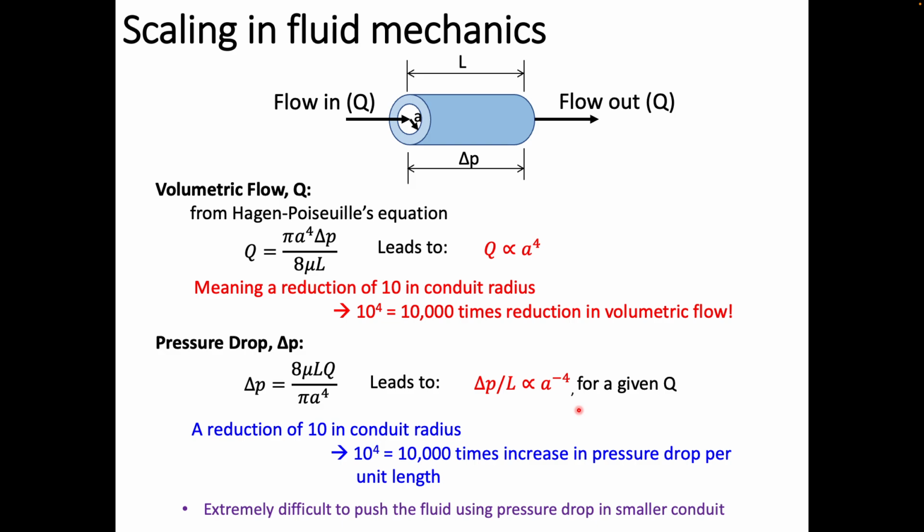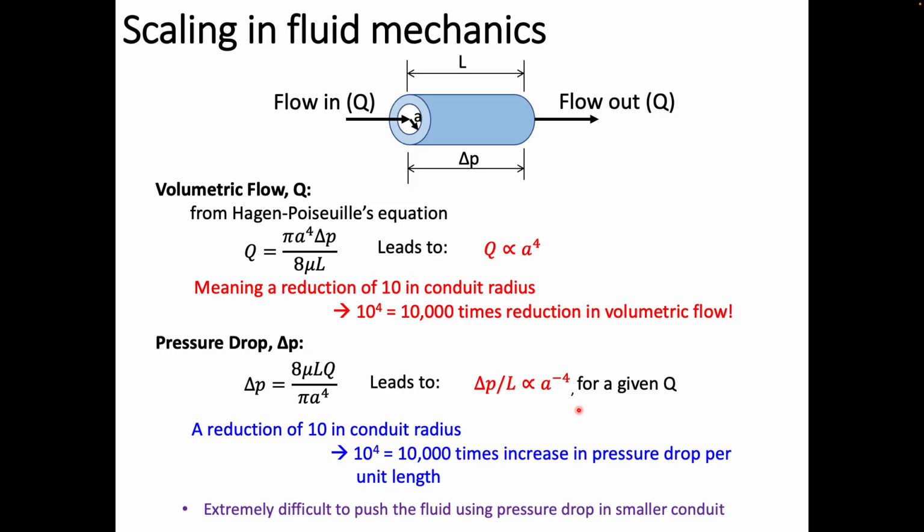That means in order to drive the flow, you need a very strong pump, and it's actually very hard if you are dealing with a very small one. For example, you have probably heard about nanofluidics.